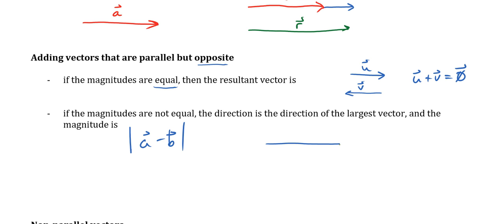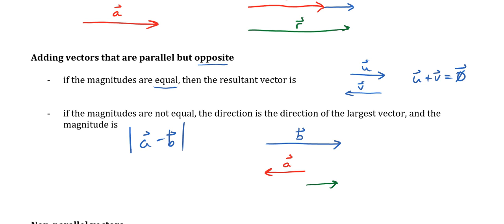So if I have a vector going this way, actually I'll make this the b vector, I'll make this the bigger one, and the a vector going that way, then the resultant vector is going to be whatever's left and going the direction of the bigger one, because it's going to be like positive 6 minus 4. So you get positive 2, right?